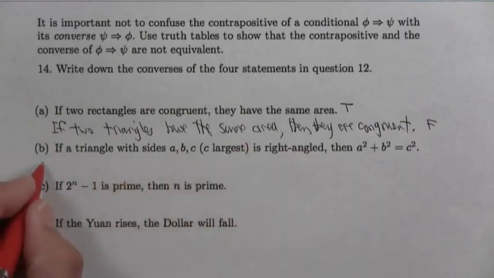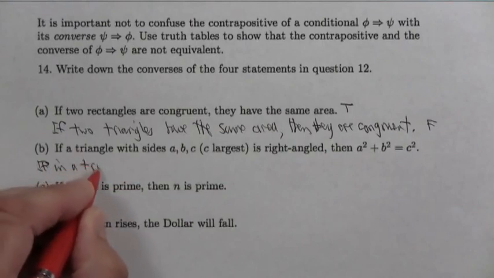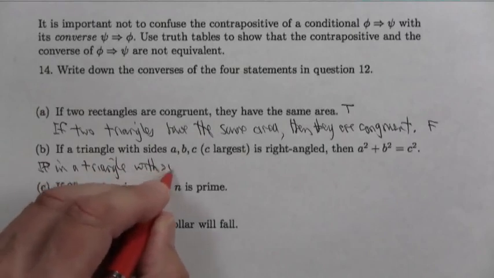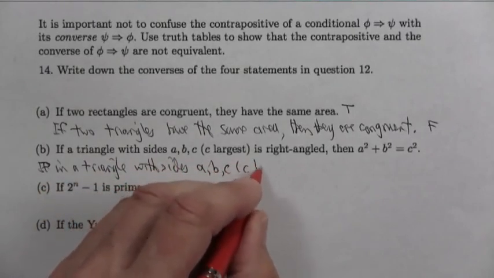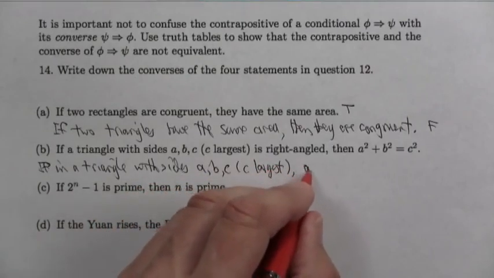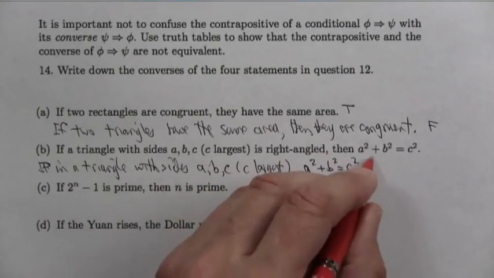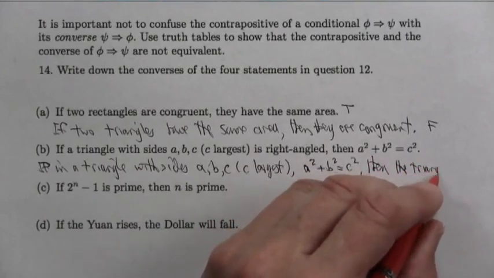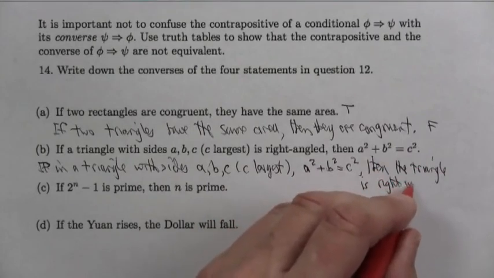The converse of this one is the following. If in a triangle with sides A, B and C, with C the largest, it's the case that a squared plus b squared equals c squared, then the triangle is right-angled.